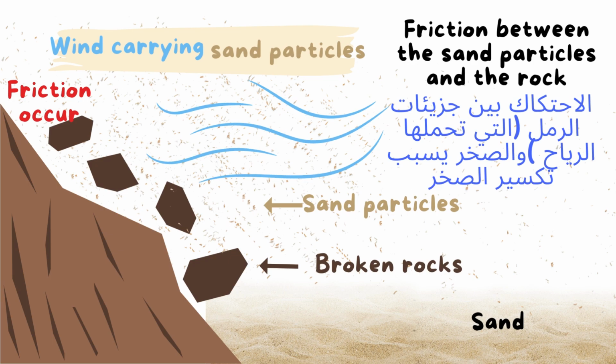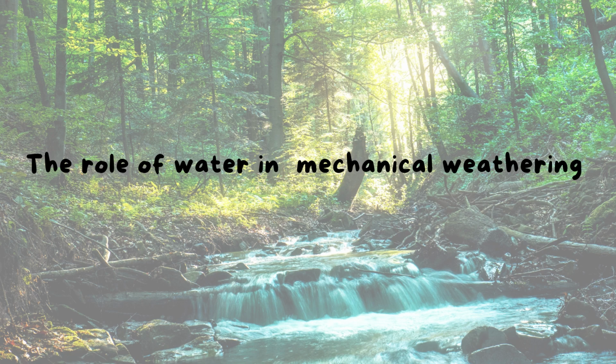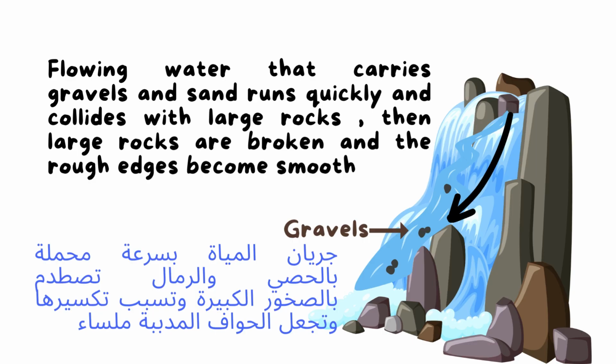Now we will talk about the role of water in mechanical weathering. As you see here, the flowing of water that carries gravels, gravels meaning small rocks, and sand runs quickly and collides with large rocks. So then the large rocks are broken and the rough edges become smooth.